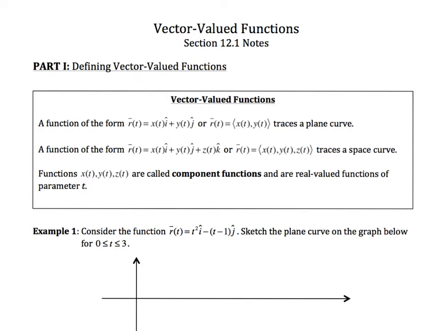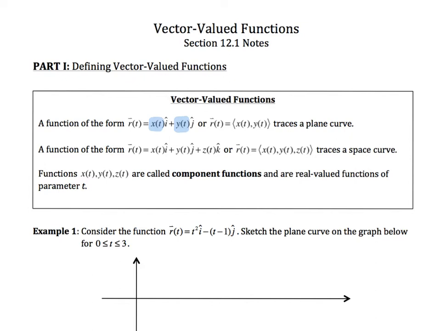And each of those components basically has a function assigned to it, right, that when you plug in values for t, you will get numbers. And so when you plug in values for t into x, into y, you'll get a number which will generate each of the components of your vector, right?